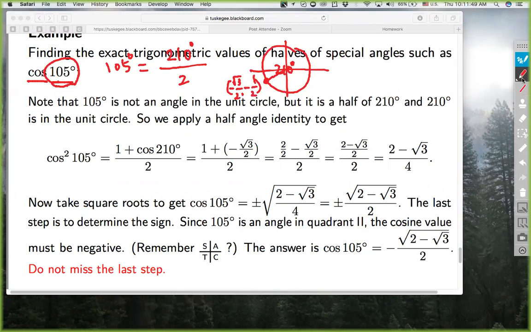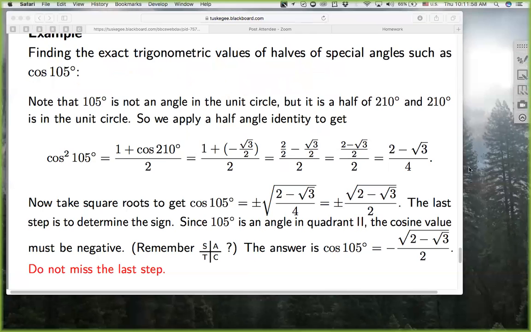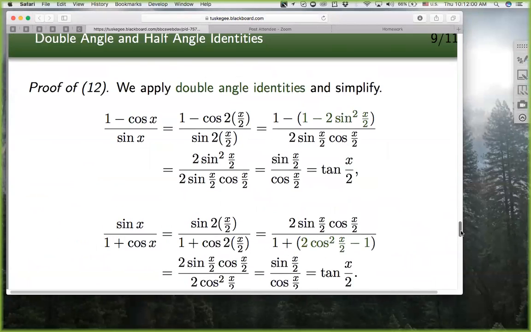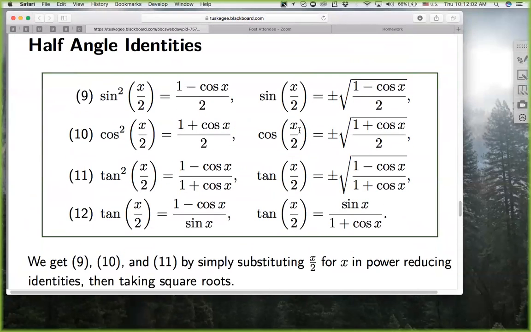So the first step is to write down the formula. So let's go back to the formula back up here. Cosine of the half angle is either plus or minus the square root of 1 plus cosine x over 2.